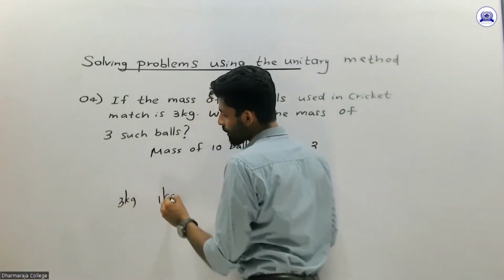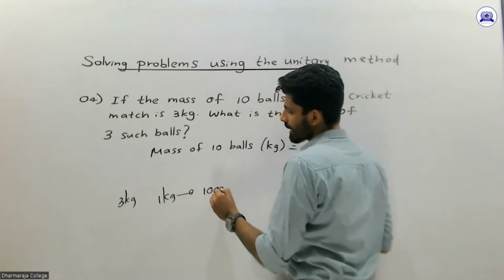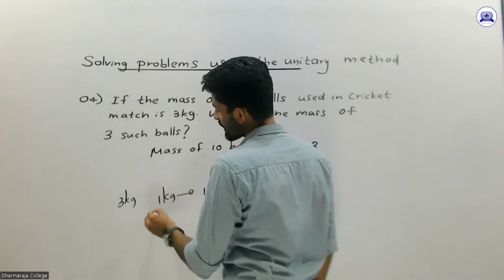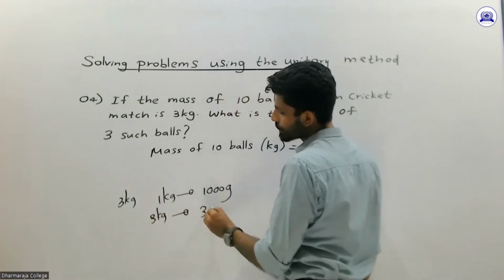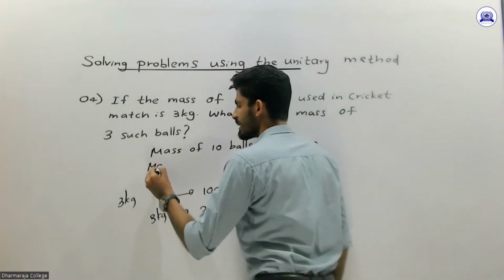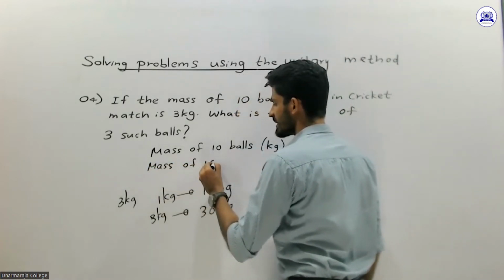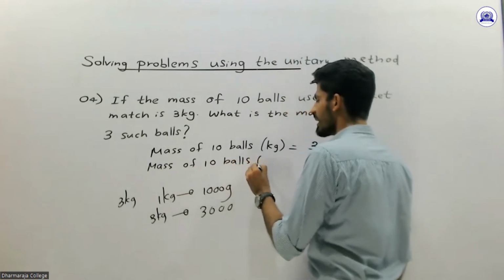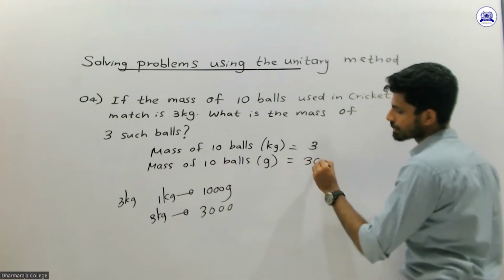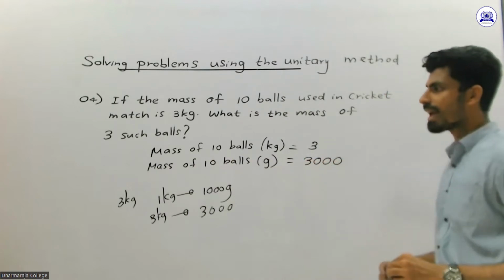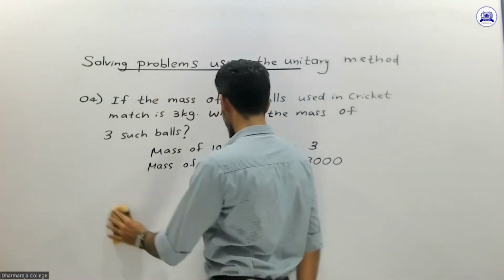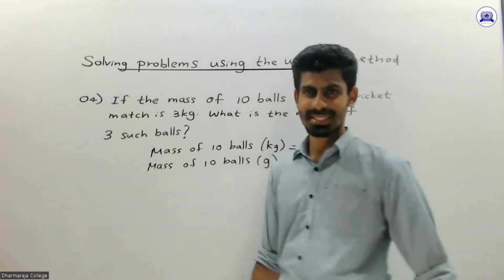We know 1 kilogram equals 1,000 grams. That means 3 kilograms equals 3,000 grams, right? So mass of 10 balls equals 3,000 grams.